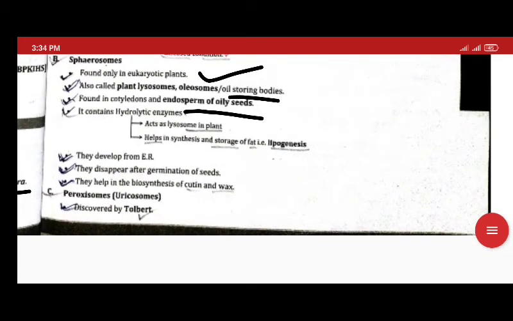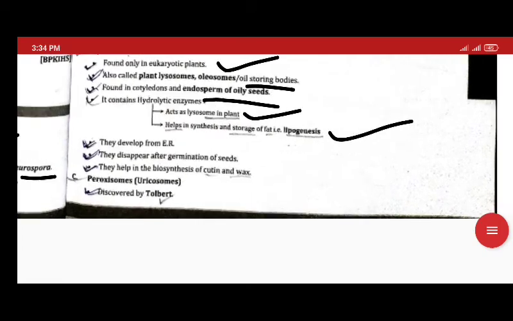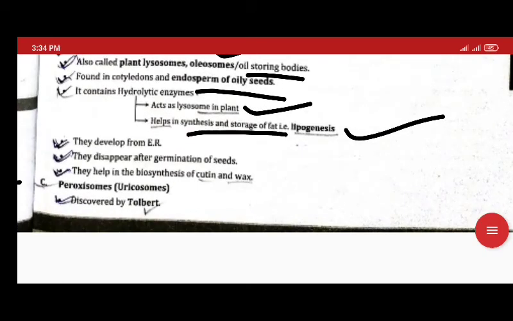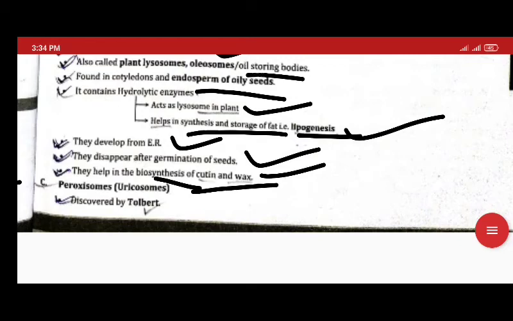Here also there are hydrolytic enzymes in plants, and they help in synthesis and storage of fat, lipogenesis. They are developed from the ER, as we have studied previously, and disappear after germination, with biosynthesis of cutin and wax.